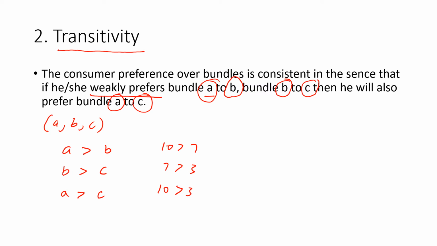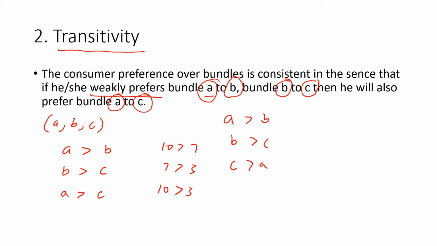Let's say an individual cannot say that he or she prefers A to B and prefers B to C and then prefers C more than A. This will make this individual insane. Although in certain other cases the property of transitivity does not hold.